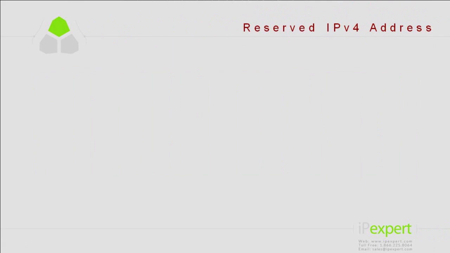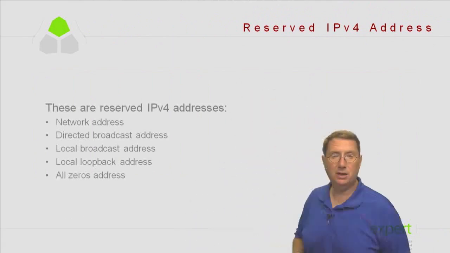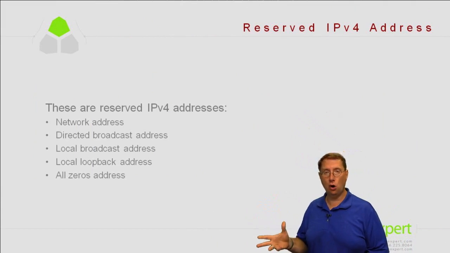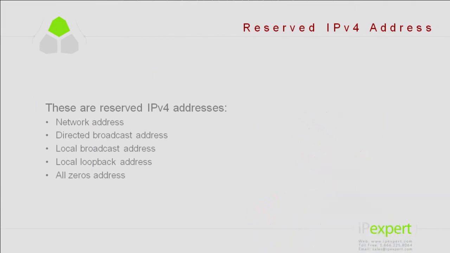Now we have reserved addresses. The reserved address ranges are very significant because they're reserved for special purposes, like that 127, which was reserved for loopback addresses for testing. When we start looking at this, we have to recognize that there are reserved IPv4 addresses.